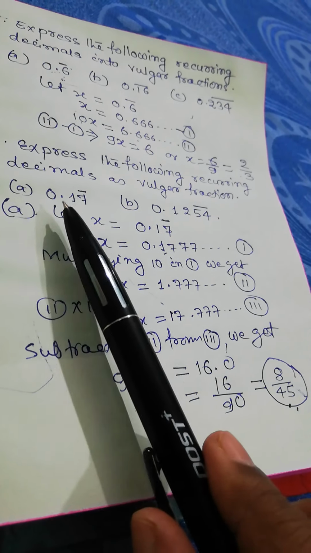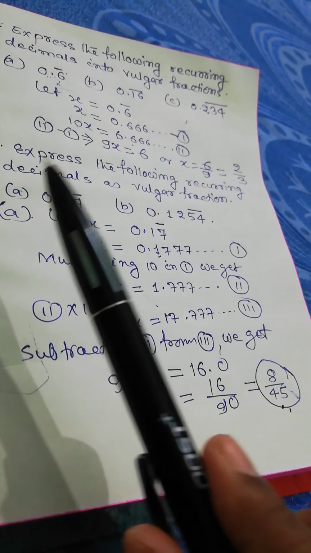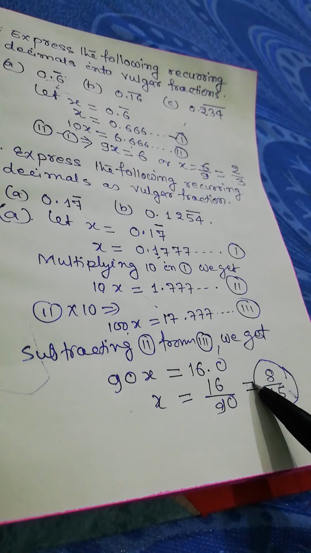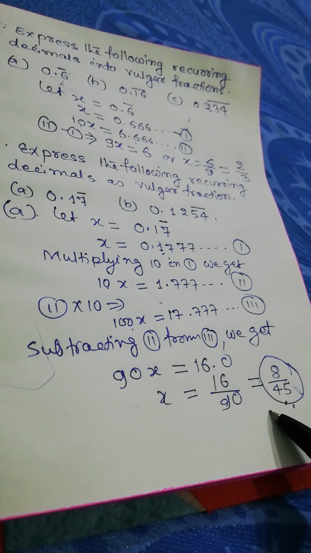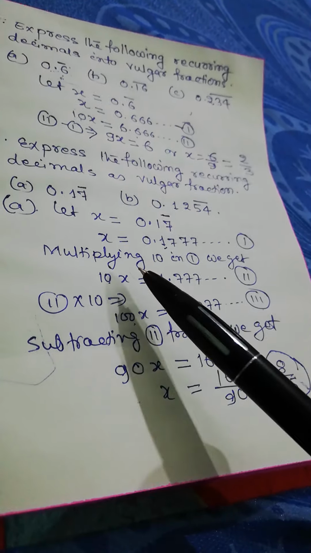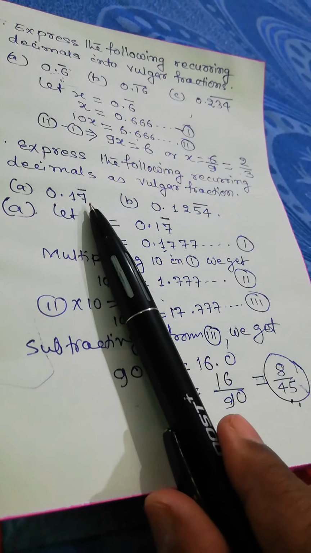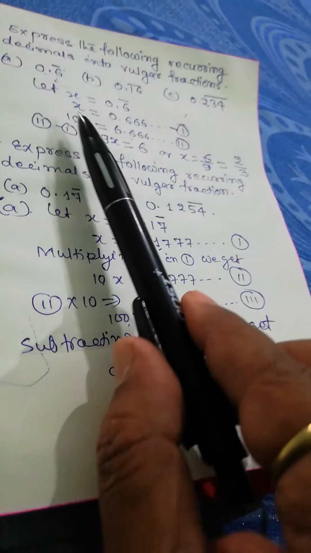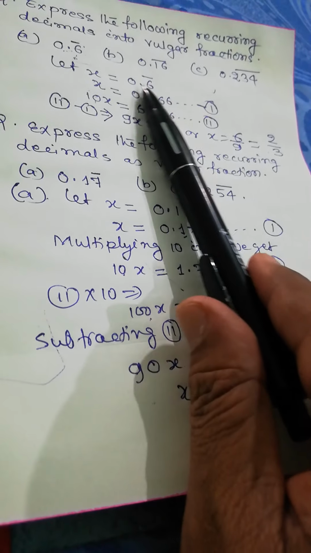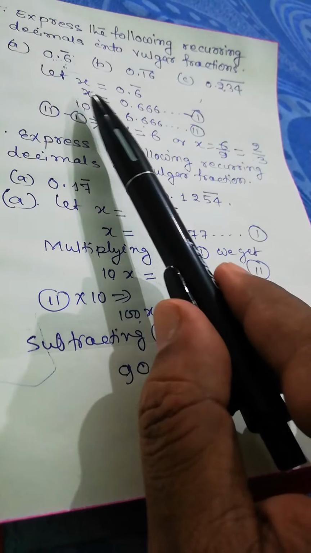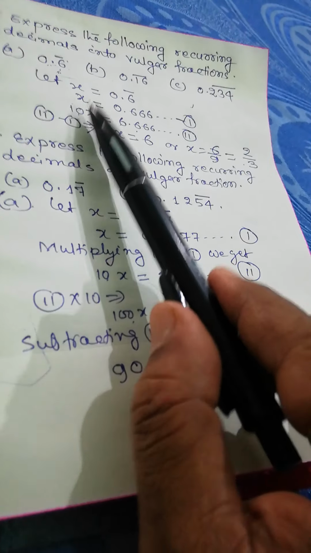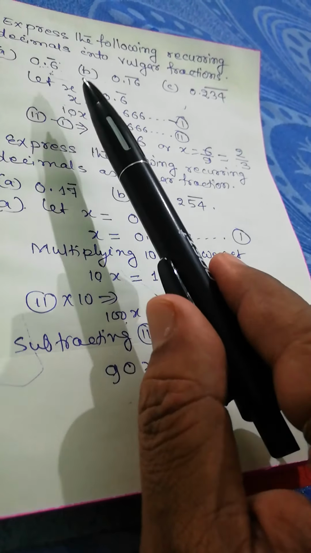So any recurring decimal can be changed to a vulgar fraction or rational number. This is the way we have to observe the number. Here, since 0.6 dash was given, we multiplied by 10 and subtracted first from second.